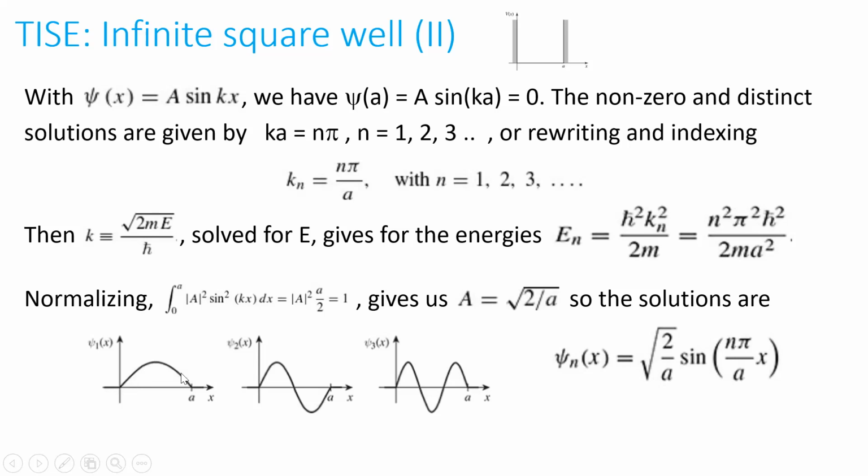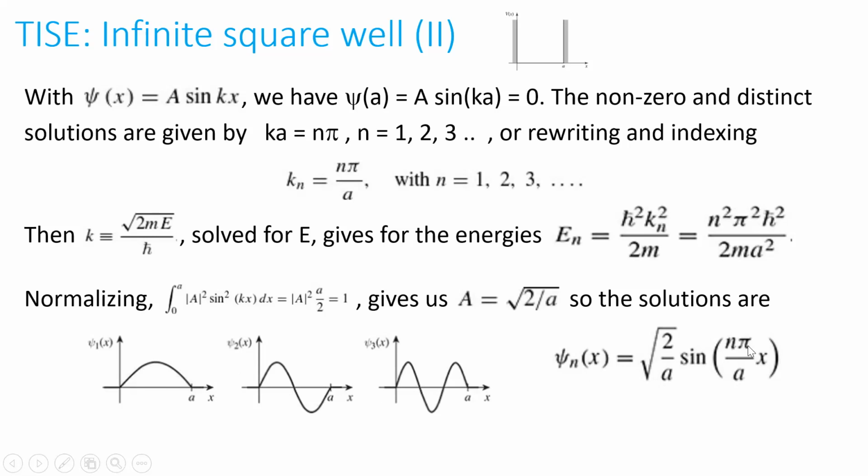The first one would be sine of pi x over a, which when x goes to a becomes sine of pi, which is 0. And that's the first time it goes to 0. So it just goes up and comes back down. So it goes through one half oscillation. For n equal 2, it will be equal to 2 pi.